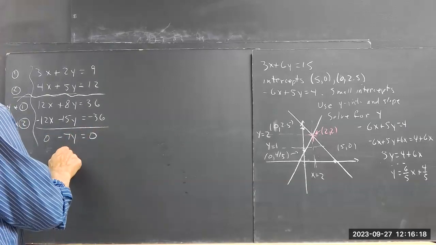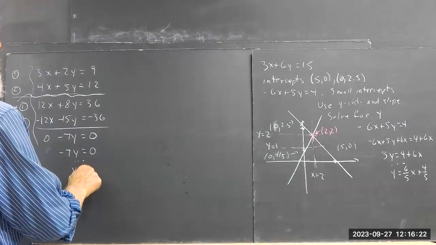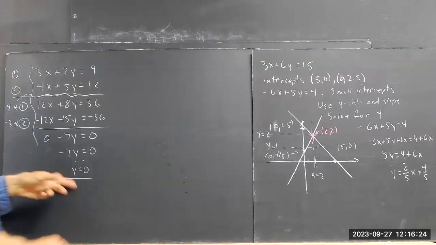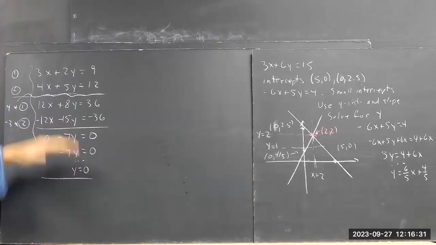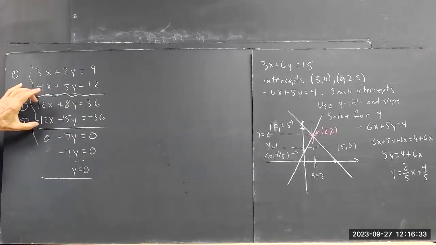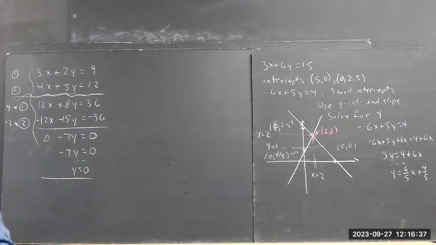Well, that can happen. We get negative 7y equals 0. So we get y equals 0. Well, we can plug that into one of the equations and get an x coordinate and so forth. The rest of the solution after we've eliminated one of the variables is just the same as everything we've done already.